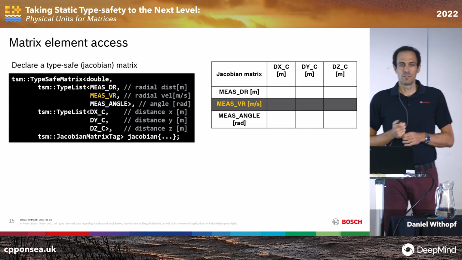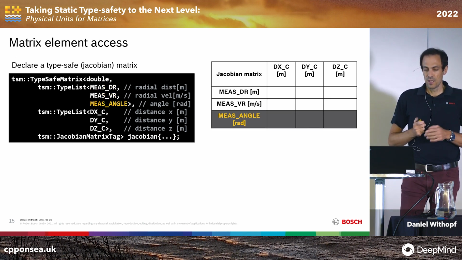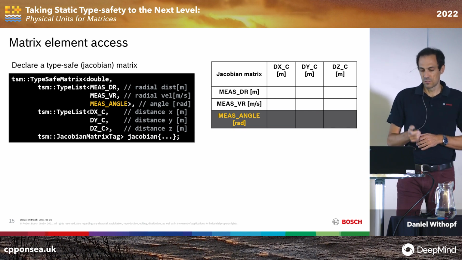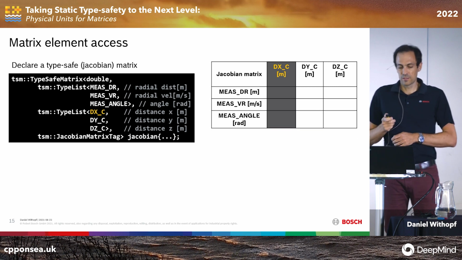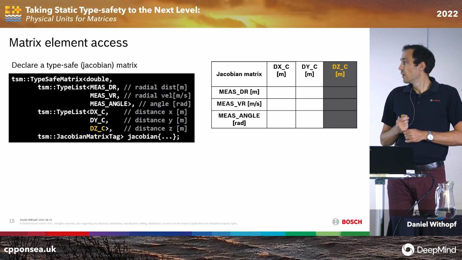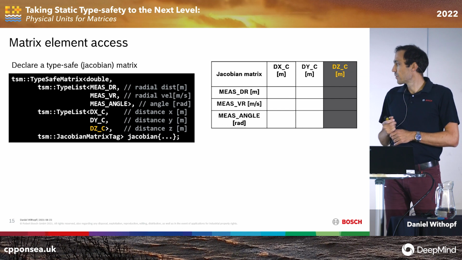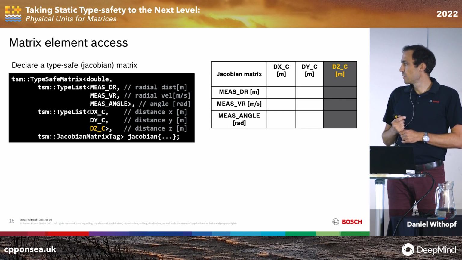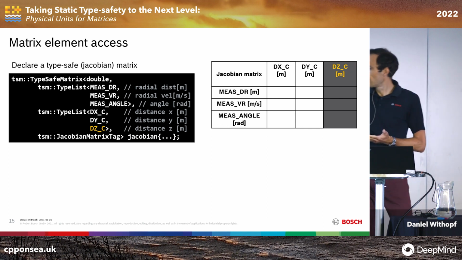Mesh vr is the radial velocity in meters per second, and mesh angle in radians is the angle to the target. And the columns are simply the x, y, and z position in vehicle frame with the unit of meters. So this Jacobian matrix gives the Jacobian of the row units with respect to the column units.